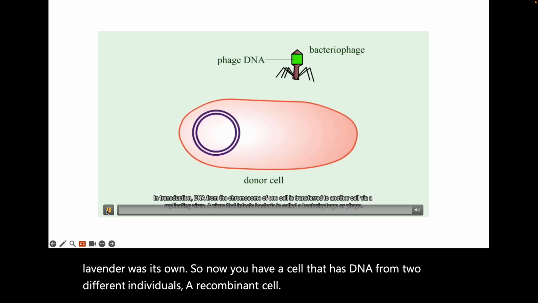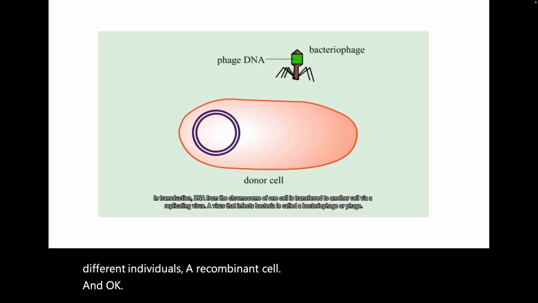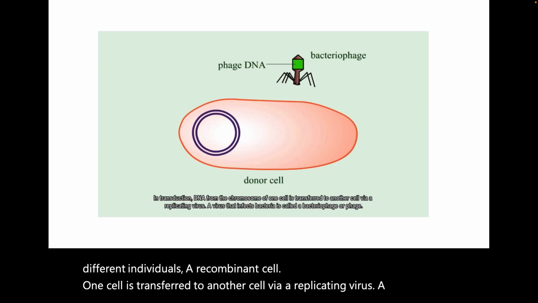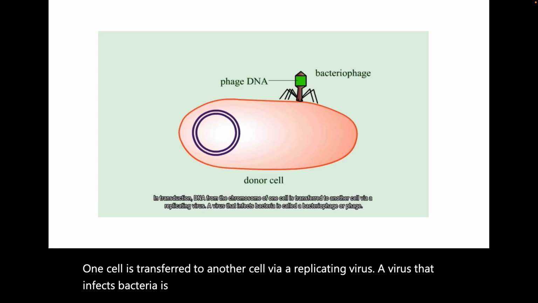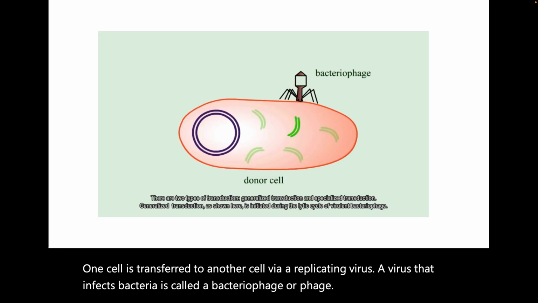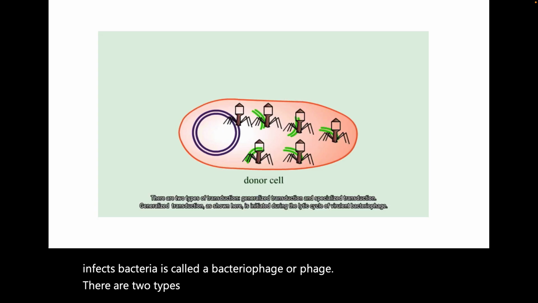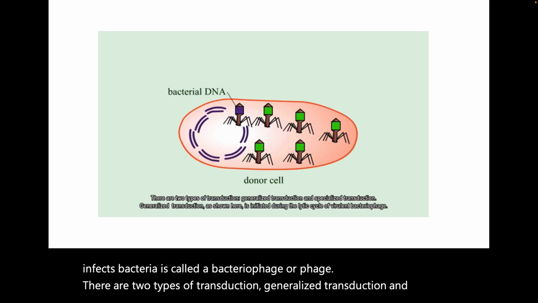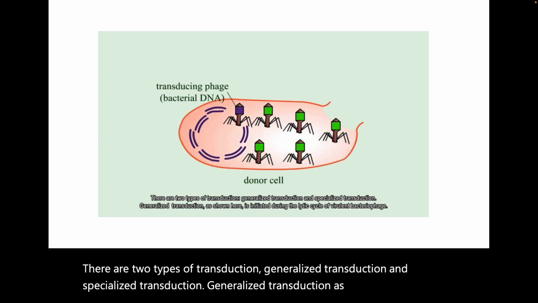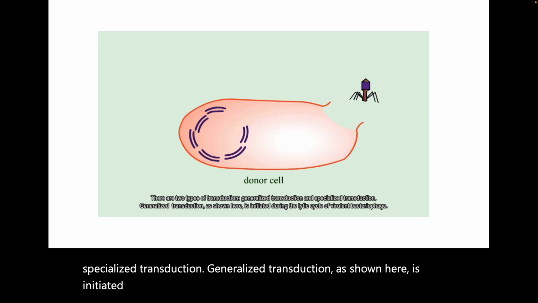In transduction, DNA from the chromosome of one cell is transferred to another cell via a replicating virus. A virus that infects bacteria is called a bacteriophage or phage. There are two types of transduction: generalized transduction and specialized transduction. Generalized transduction, as shown here, is initiated during the lytic cycle of virulent bacteriophage.